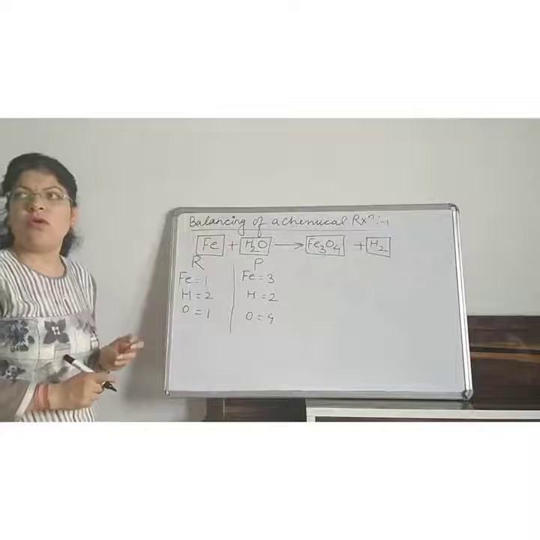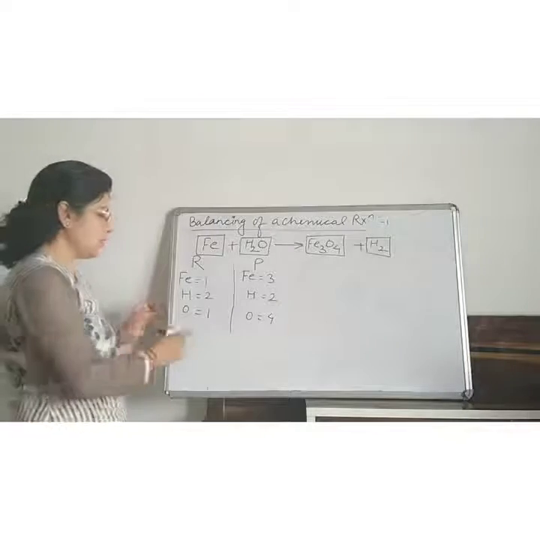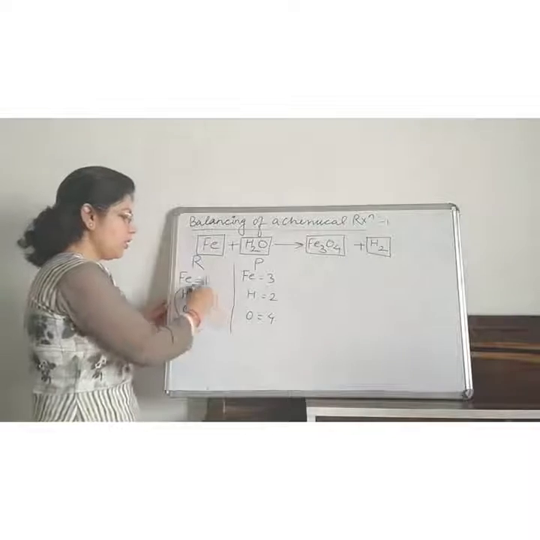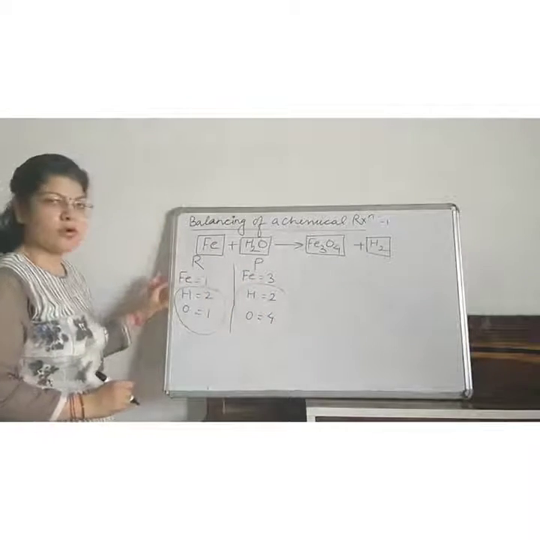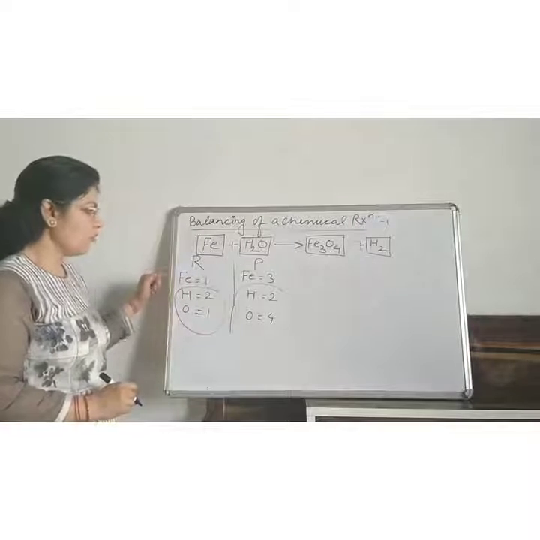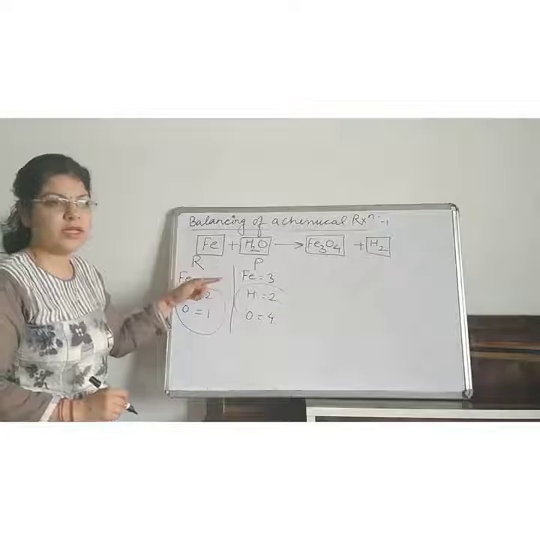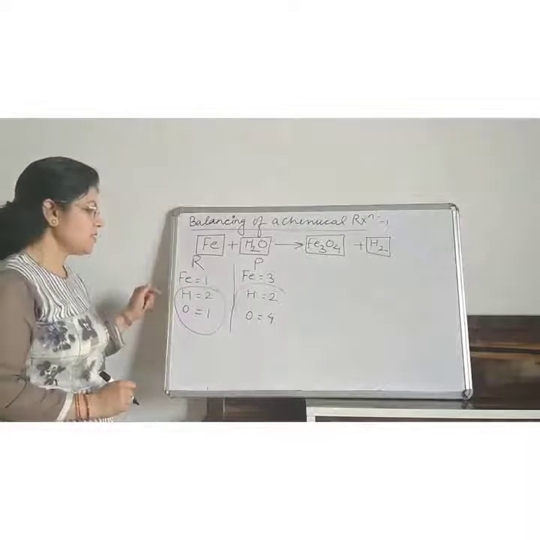First of all, we have to balance all the atoms other than oxygen and hydrogen. Leave oxygen and hydrogen and balance the other atoms. So first, we have to balance iron in this chemical reaction.